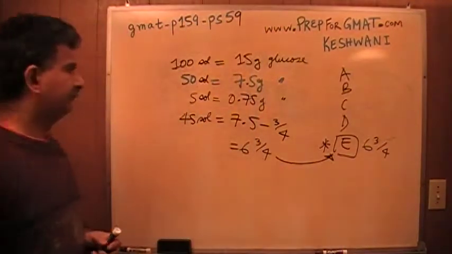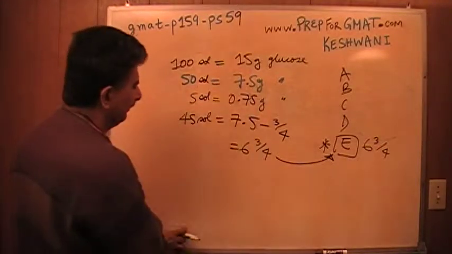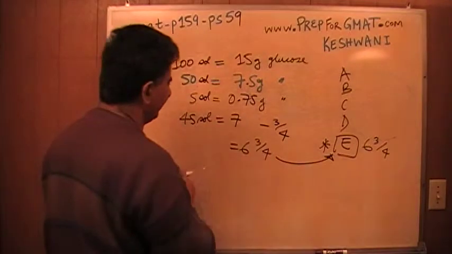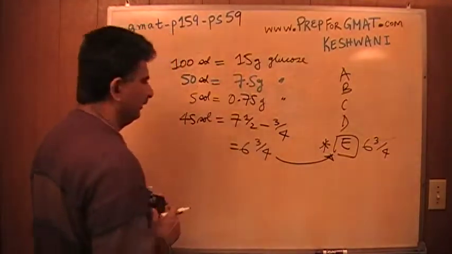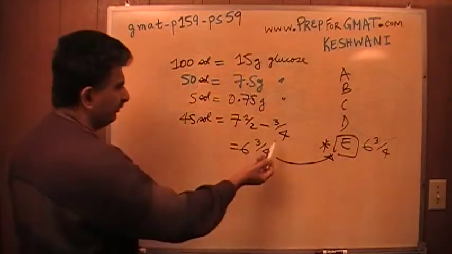That's it, we're done. That's all it is. I'm going to write this in fraction, I don't like this here. 7.5 minus 3/4, and I hope you see where 3/4 is coming from. 3/4 is coming from here.